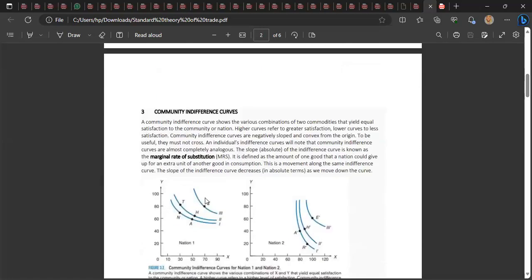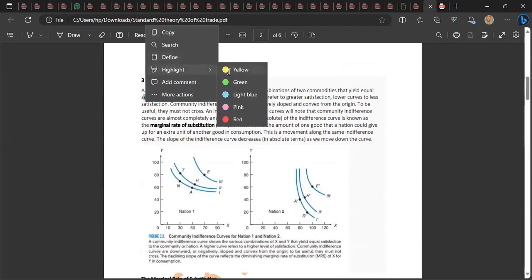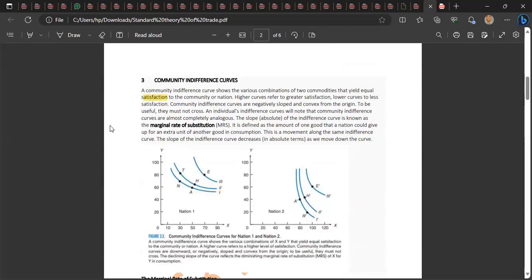Now, when we talk of indifference curves, we talk of what you can consume or what you desire to consume. And in terms of what you desire to consume, we want you to be satisfied, right? We want you to be satisfied in your consumption. Let me highlight that one. Satisfaction is important.